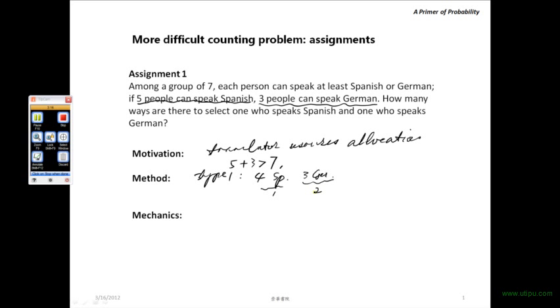Okay, now type 2, which means we can finish the job in this kind of option.